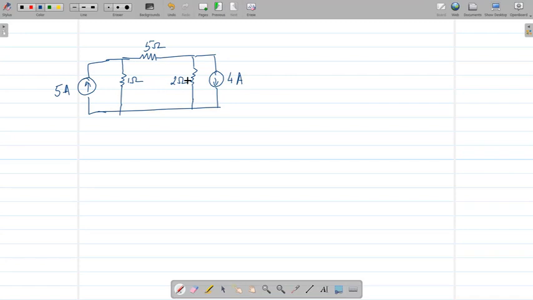So what are the various things we've learned in the past? We've learned KCL, Kirchhoff's current law, Kirchhoff's voltage law. Maybe you've been exposed to nodal and mesh analysis. Analysis in plural, with an S in between. And what else?